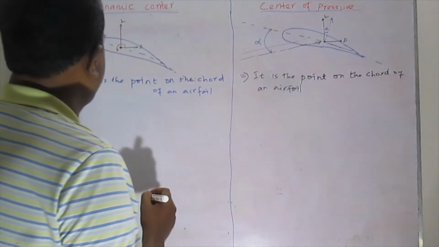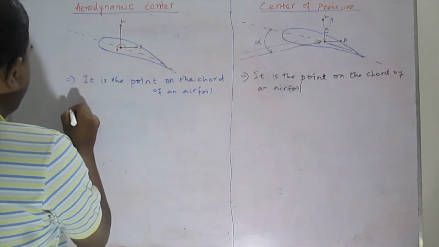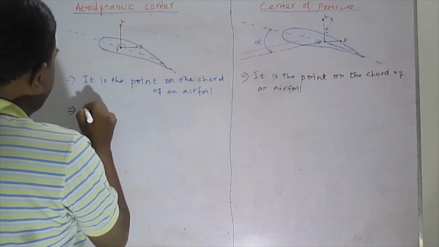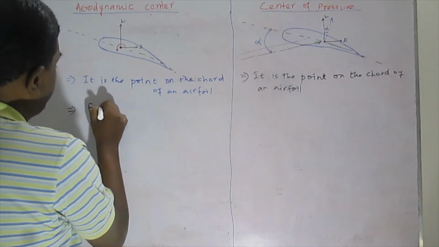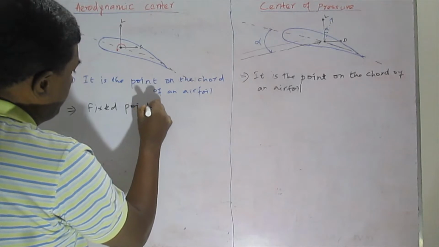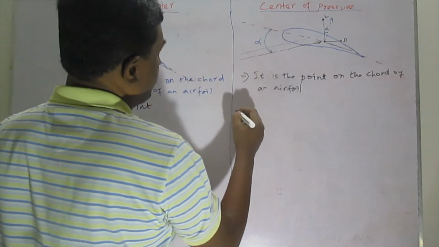And the second point is, the aerodynamic center is a fixed point, whereas the center of pressure is a movable point.